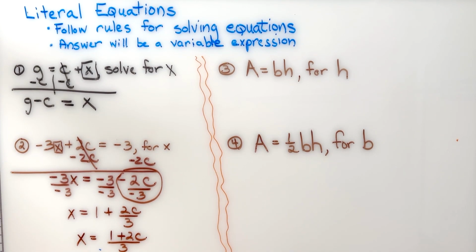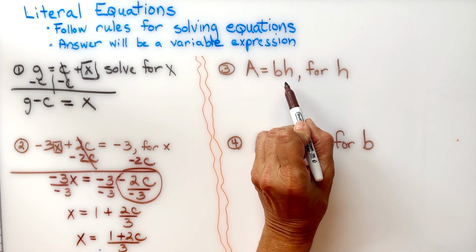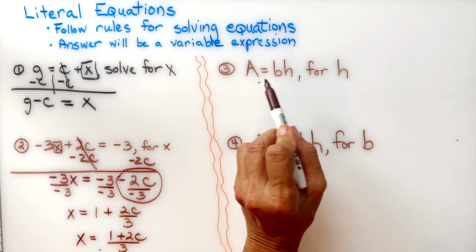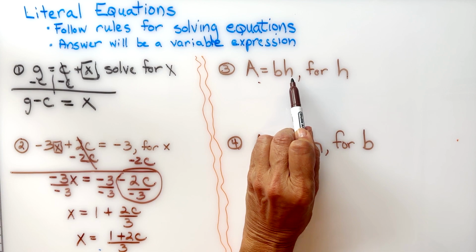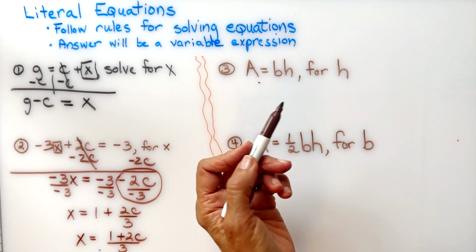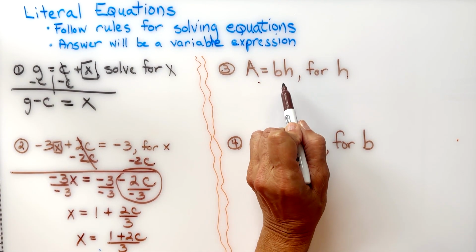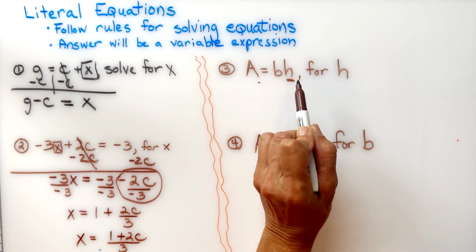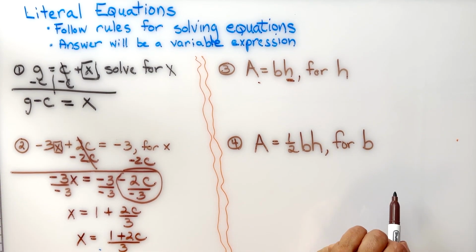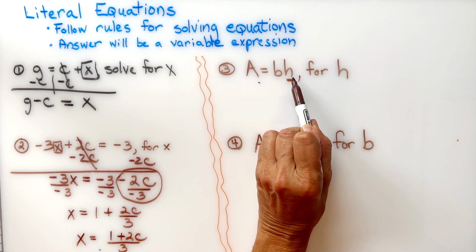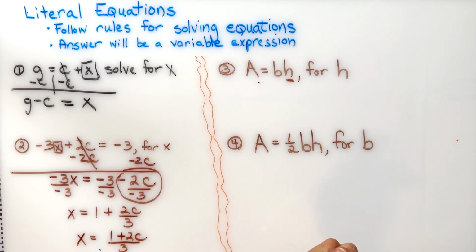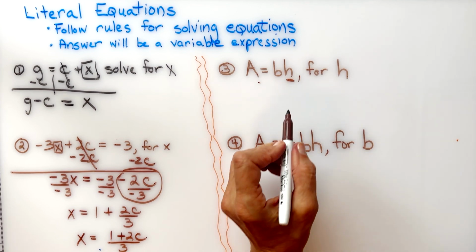For number 3, we are solving for letter H. This is the area is equal to base times height. That's for a rectangle. And we want to go ahead and solve for H. So I'm going to get H alone. We know B and H are next to each other, so that's multiplication. And the opposite of multiplication is division.